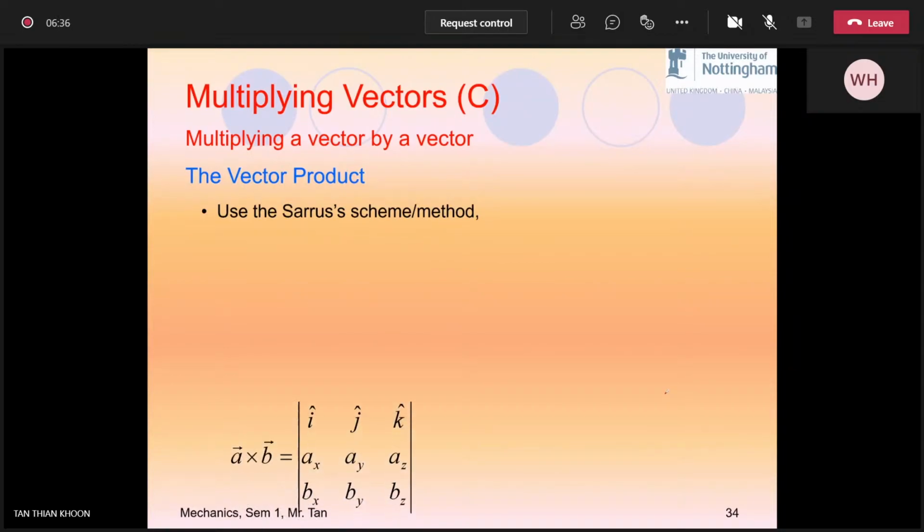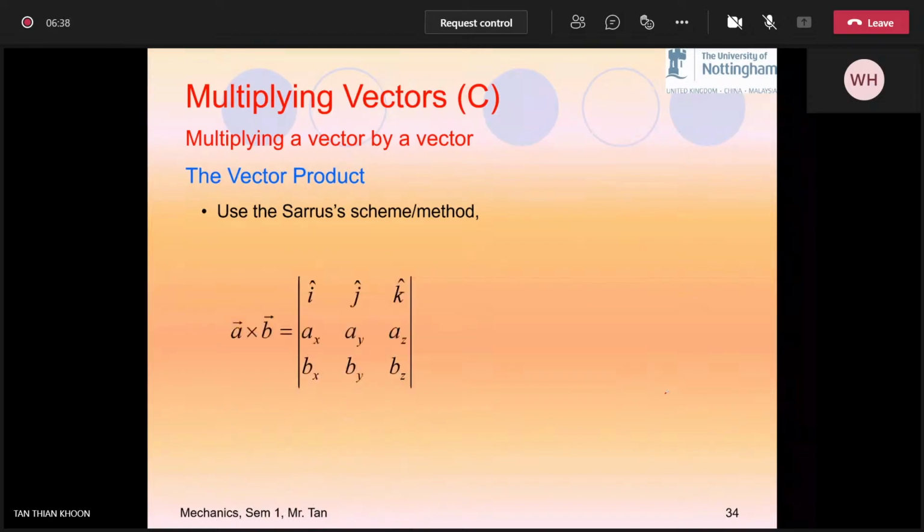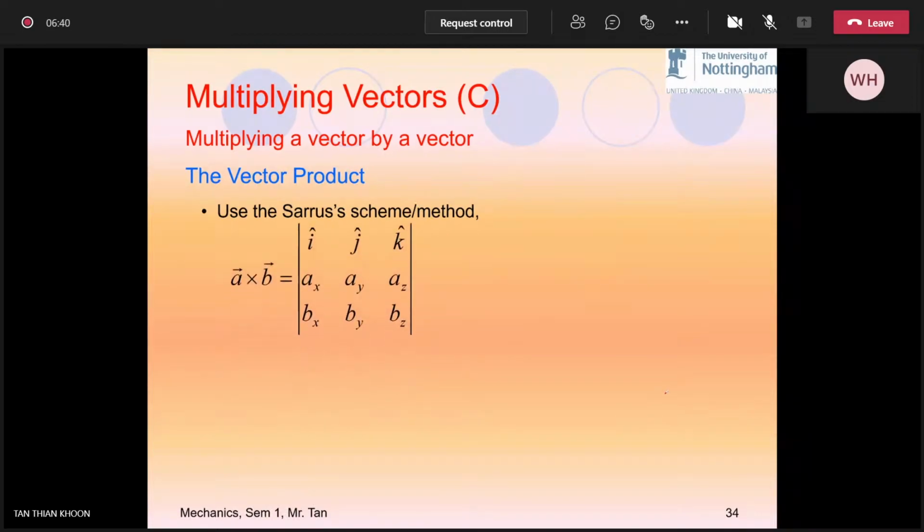Okay, let us have a look. I'm sure a few of you may have already done some research on how you can calculate this A cross B in an easier way.